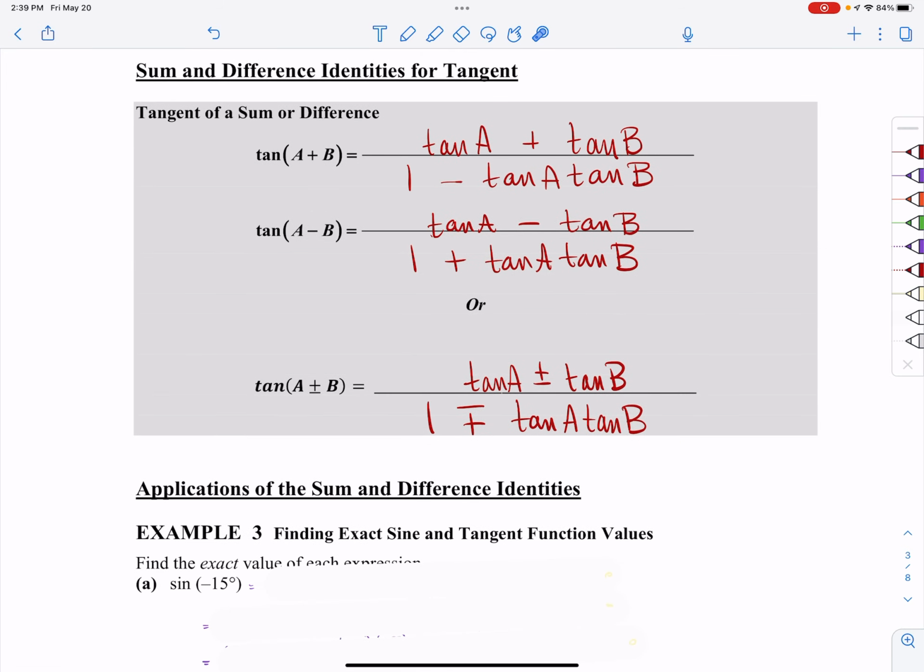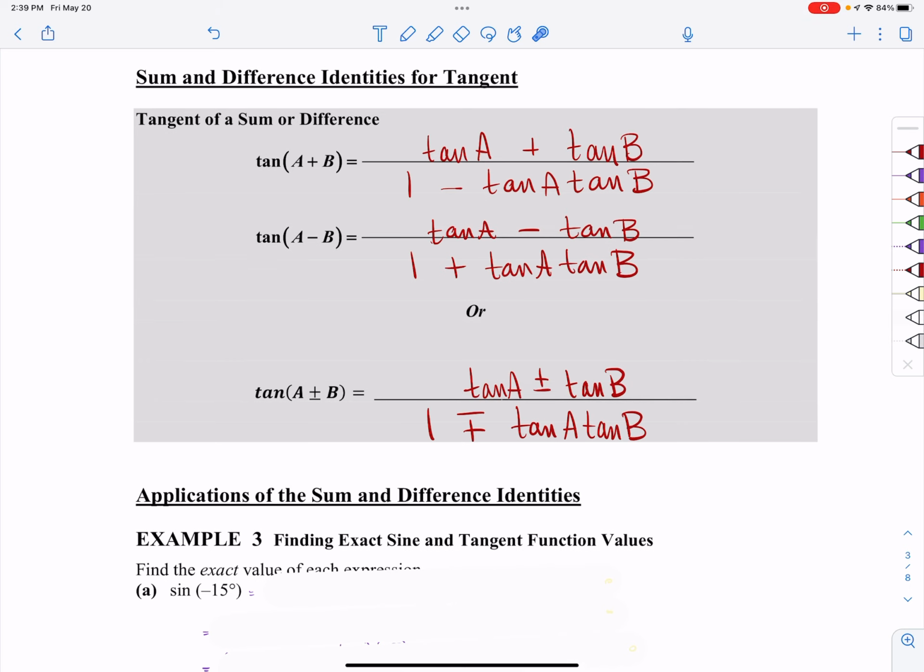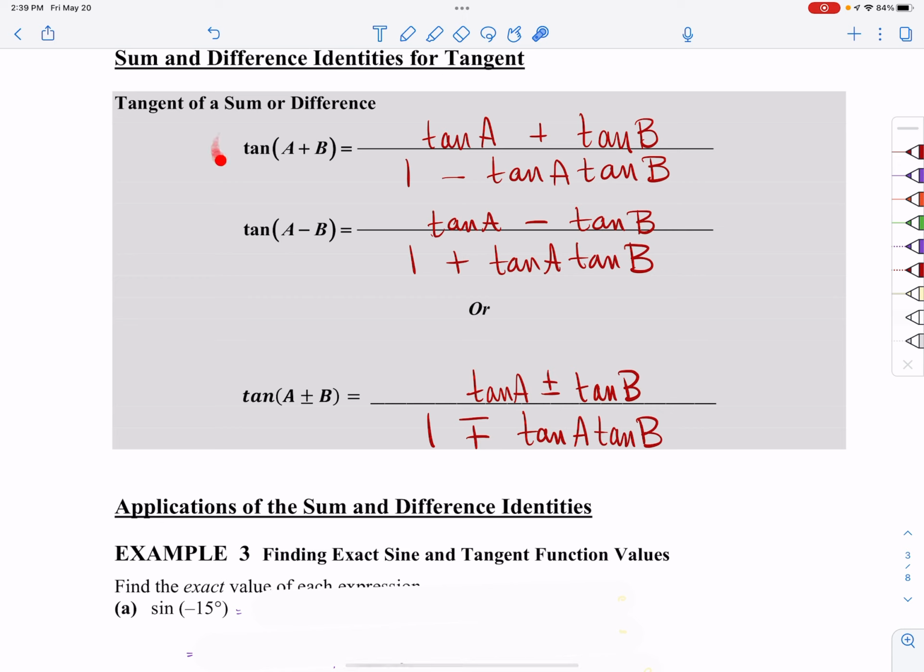Now let's take a look at the sum and difference identities for tangent. This is for tangent of angle A plus angle B and for tangent of angle A minus angle B. You'll notice these are actually big fractions. We have tangent A plus tangent B all over one big fraction, 1 minus tangent A times tangent B. The minus version is very similar to that.